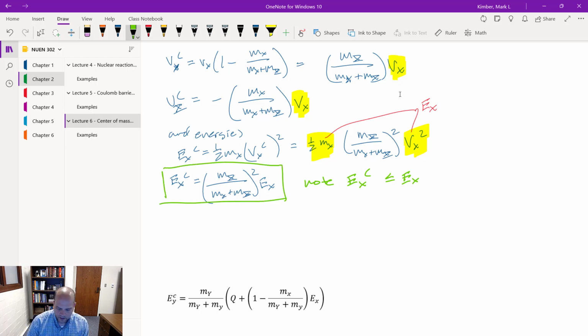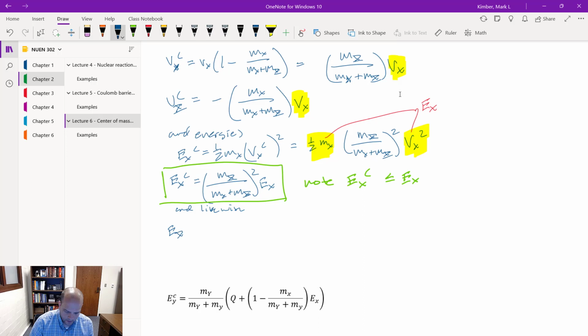So this is one equation that I want to make sure I'm comfortable with. Because I typically know the kinetic energy of the projectile. I know my masses, so I can easily find the kinetic energy of the projectile in the center of mass reference frame. And I can do the same thing for the kinetic energy of my target in the center of mass reference frame.